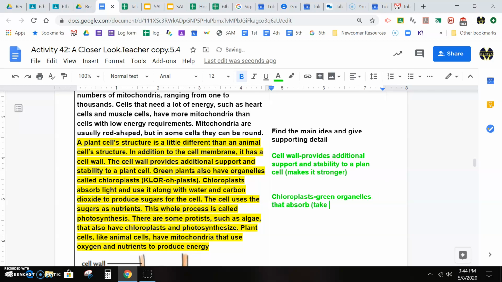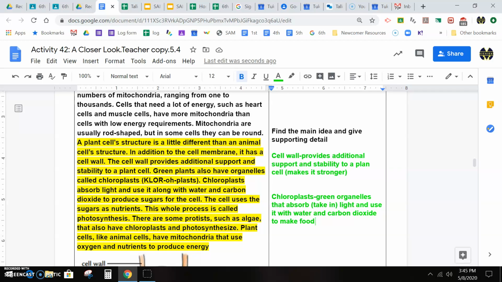That means take in light and use it with water and carbon dioxide, which is a gas that's found in the air, to make food. I'm going to put that in my own words. That's another important note about chloroplasts.